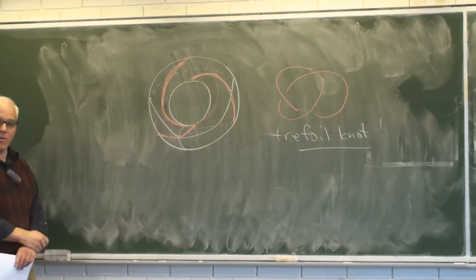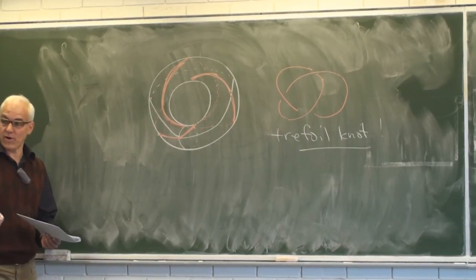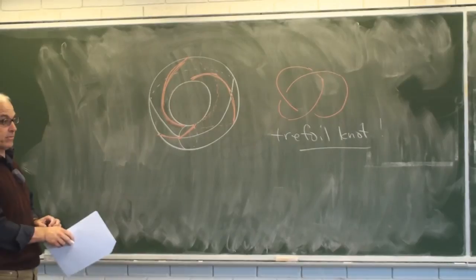So the trefoil knot is what we get when we go around the torus 2 times in one direction and 3 times in another.